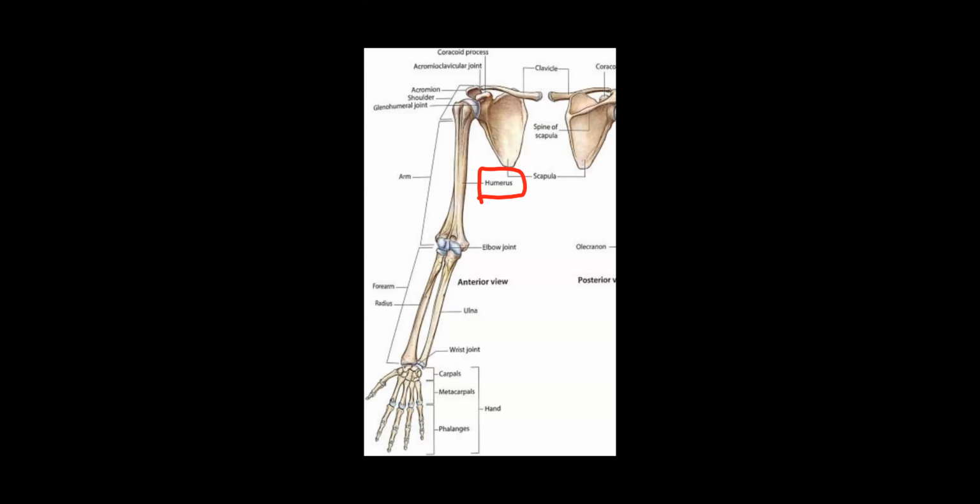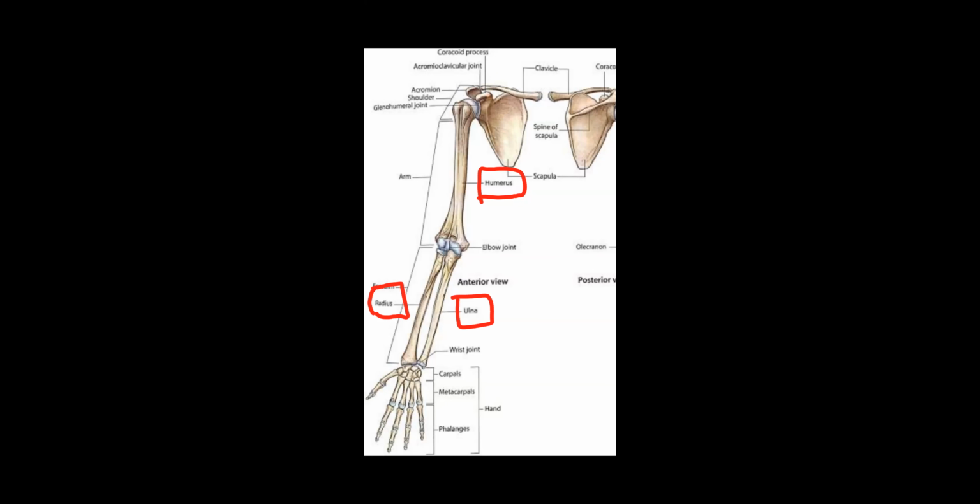One is the radius, another is the ulna. Together they are called radio-ulna, but we specify the radius bone and the ulna bone. The one in the line of the thumb is the radius, and the other one is the ulna.